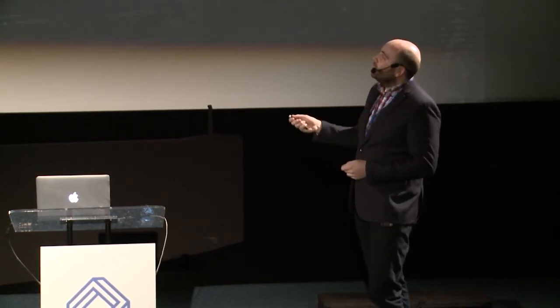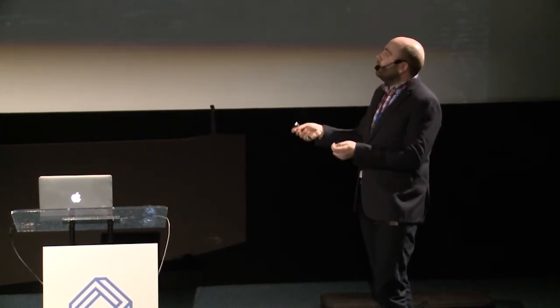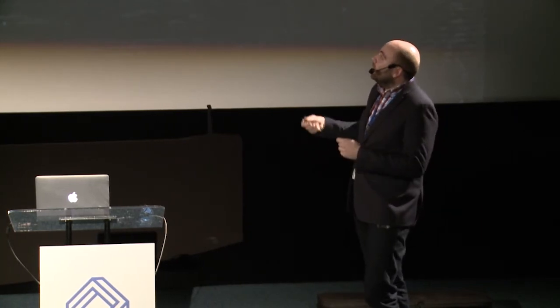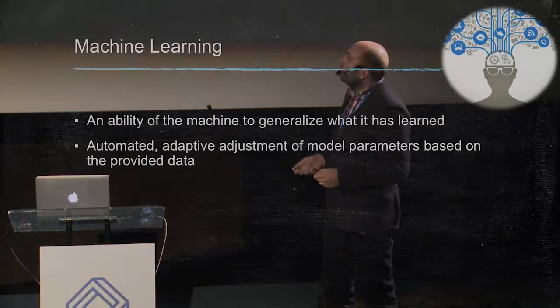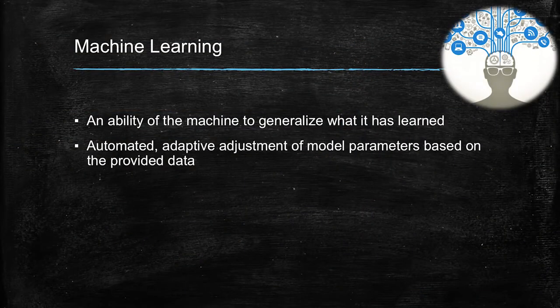And then the machine, by analyzing this data, tries to generalize it. So when we provide some unknown data, it tries to predict the outcome, to solve the problem. More formally, it's an automated adaptive adjustment of model parameters based on the provided data.